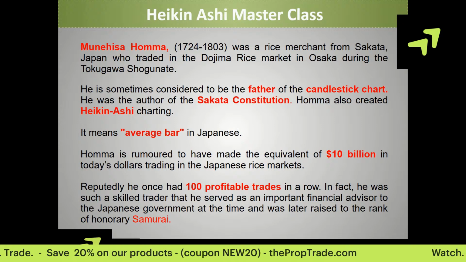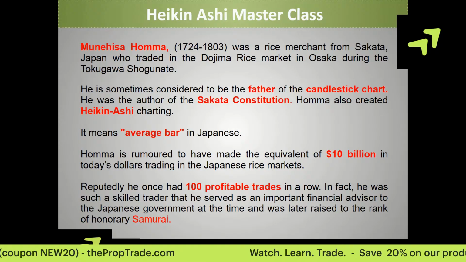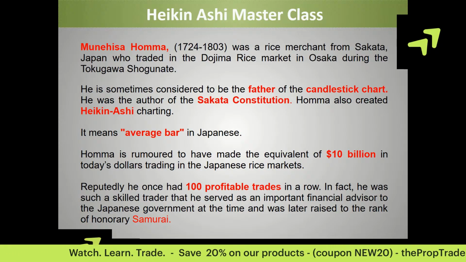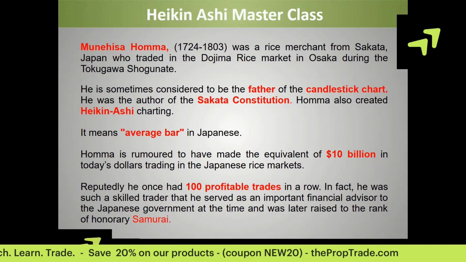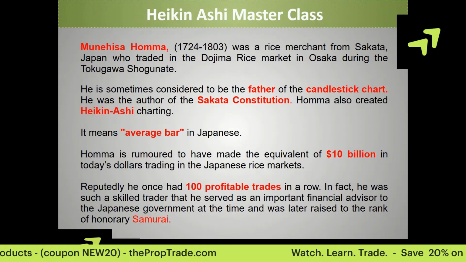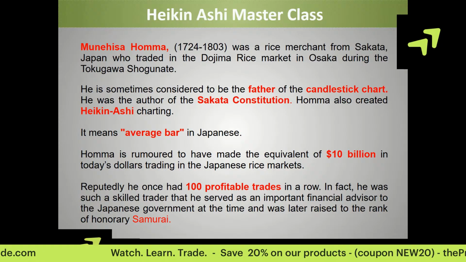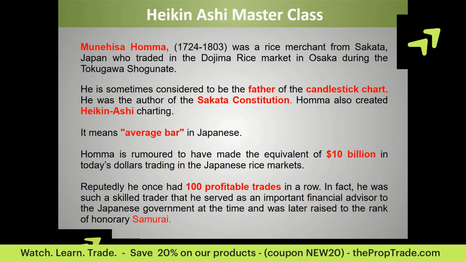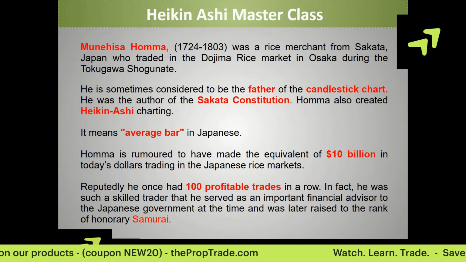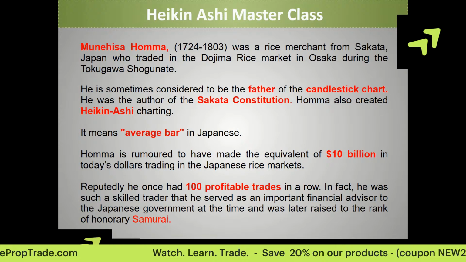Osaka was the capital before Tokyo, in feudal Japan, and it was a guy called Munehisa Homma, who lived to a ripe old age back in the 18th century. The father of candlestick charts, we say, and he wrote down the Sakata constitution, and that's where candlestick trading originated. We trace it back to Japan. That's what they call Japanese candlesticks.